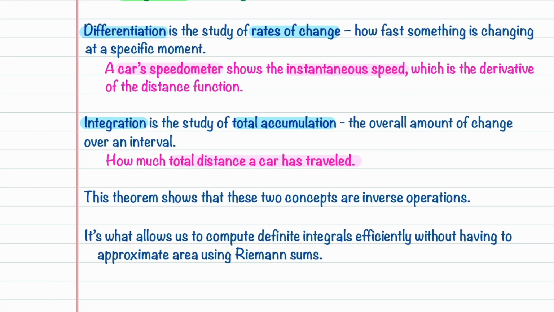The fundamental theorem of calculus acts as a bridge between these two concepts, showing that differentiation and integration are inverse operations. It's what allows us to compute definite integrals efficiently without having to approximate area using Riemann sums.